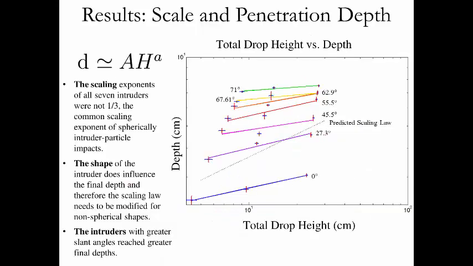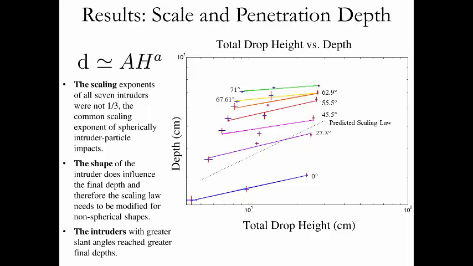So for that scaling law that I showed you in the beginning of the presentation, D is proportional to A H to the 1/3, I wanted to see if that was the same for these non-spherical shapes. So the way I did that was I took a log-log plot of the total drop height versus the depth.